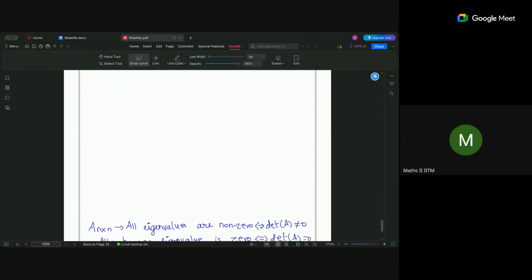See, Bx is equal to lambda x. So lambda is an eigenvalue of B, right? Now let us consider B inverse Bx equal to B inverse lambda x. So it means what?